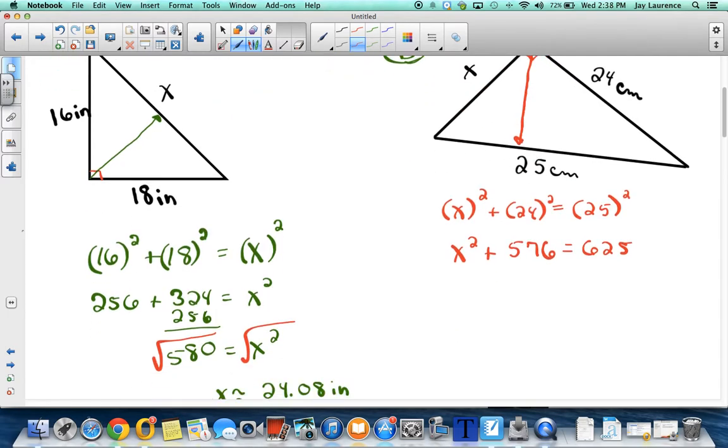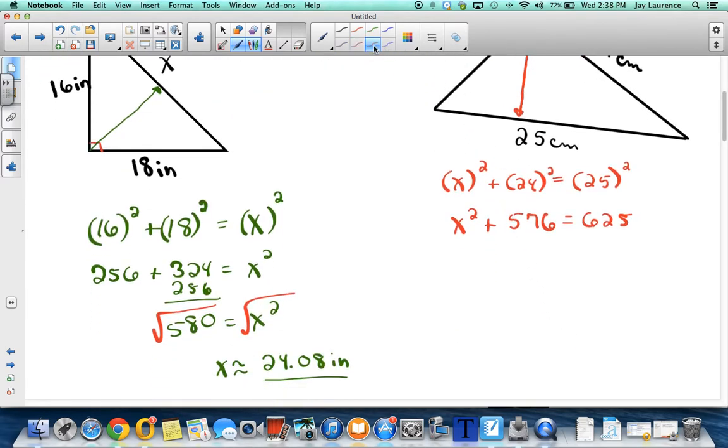Now I have a two-step equation to solve. I will take away 576 from both sides. Okay, I'll get x squared. Now, just thinking, if this was 575, I would be 50 cents away. I bet you it's going to be 49 for my answer. Yeah, I'll bet you. Yeah, 49.